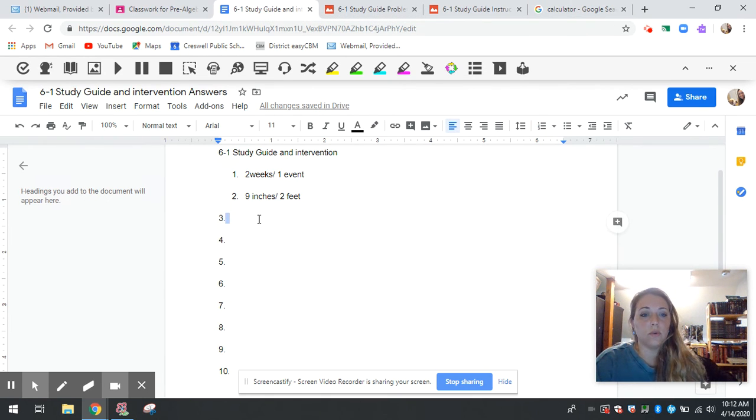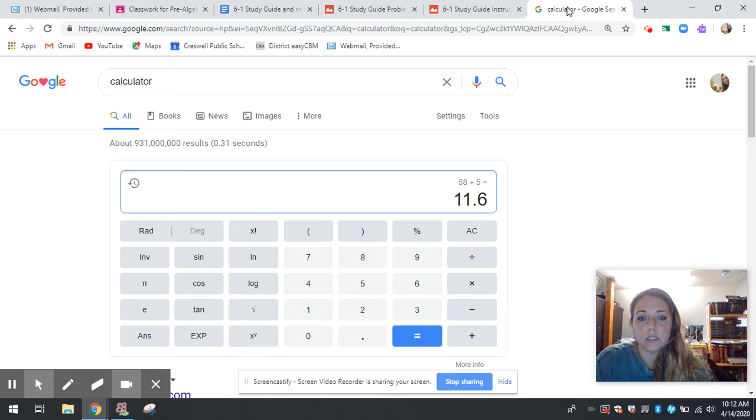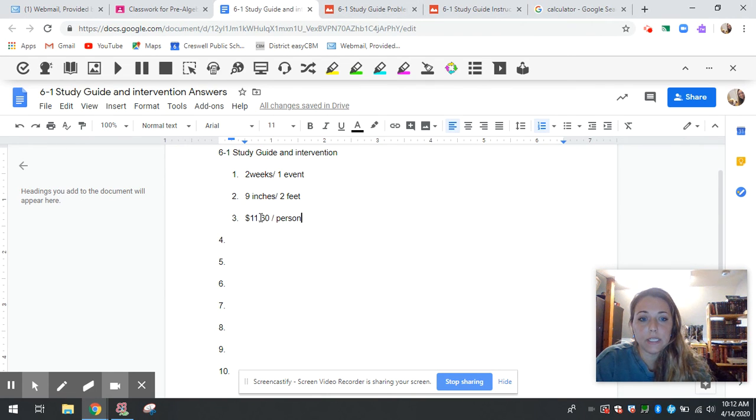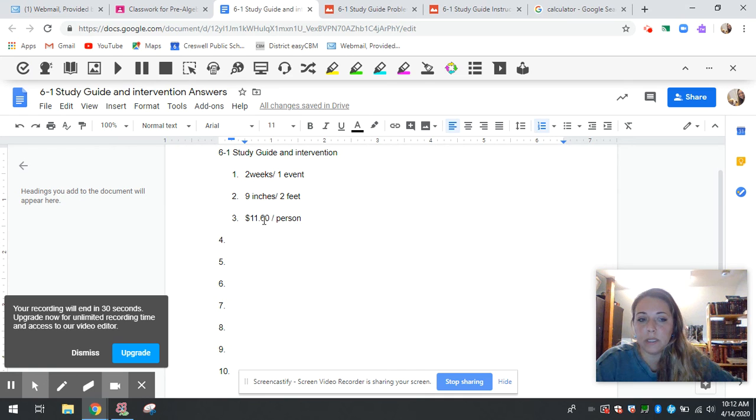So that's what I'm going to write, or per person. $11.60 per person. I know that it says 11.6, but remember when we're writing money, we need to have 2 decimal places after the decimal point. So I can just add a 0 at the end to make that happen, because money's out of 100. 100 pennies make $1. So $11.60 per person.